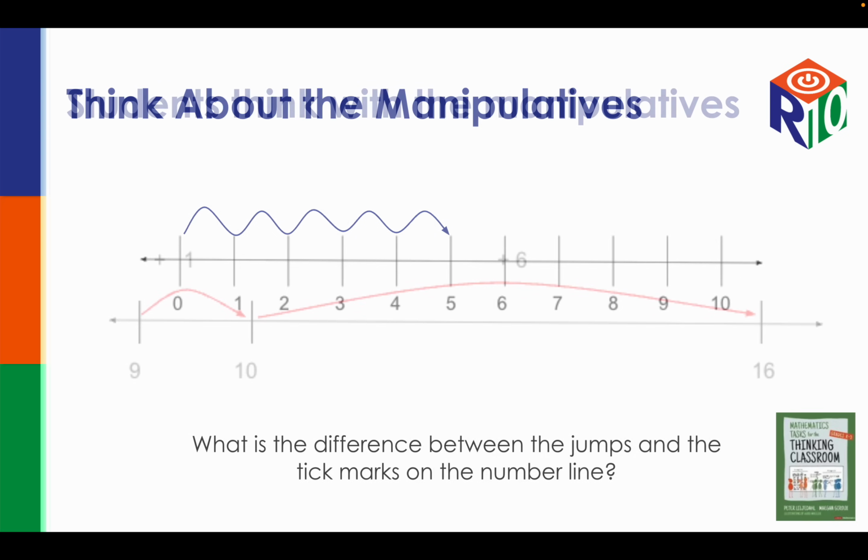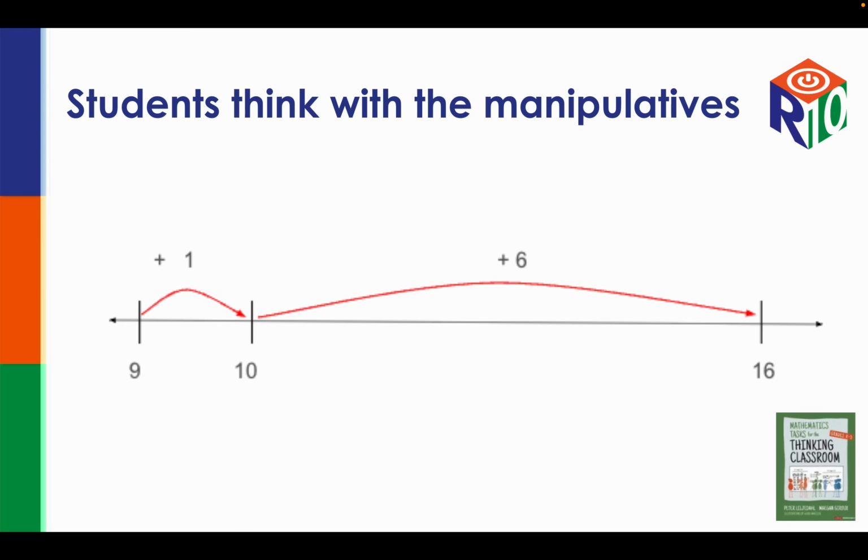All right. We may also use the manipulatives or the tools, and here's an example of a tool because the kids aren't concretely manipulating it, to think with them. If I told a student, what is 9 plus 7, they might say, okay, 9 plus 7, if I add one more, then I get a 10.